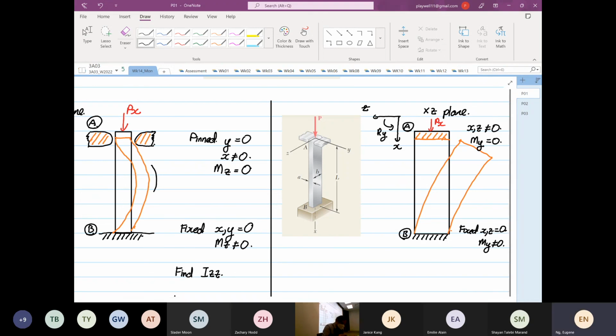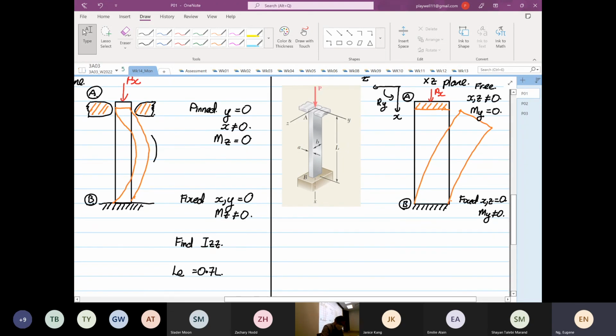For that case, we have one end fixed, and the other end is known as a free end. It's allowed to do anything. So when that's the case, we know that our LE is equal to 2L. So where do we get 2L from?